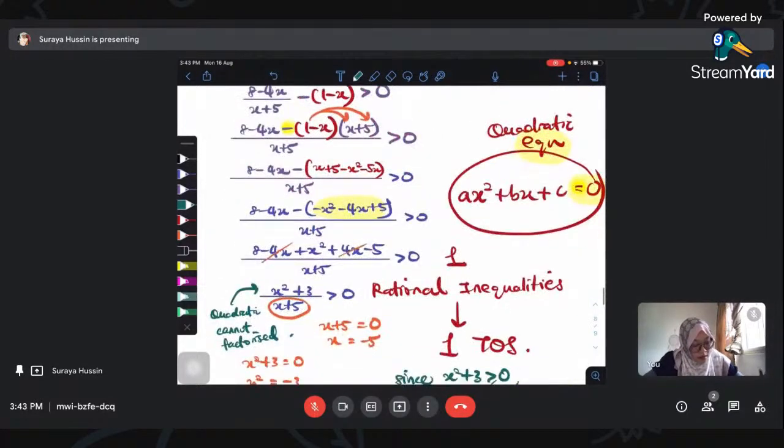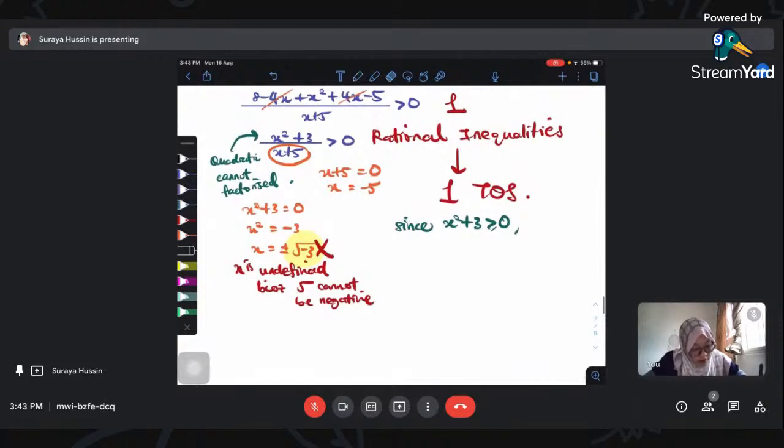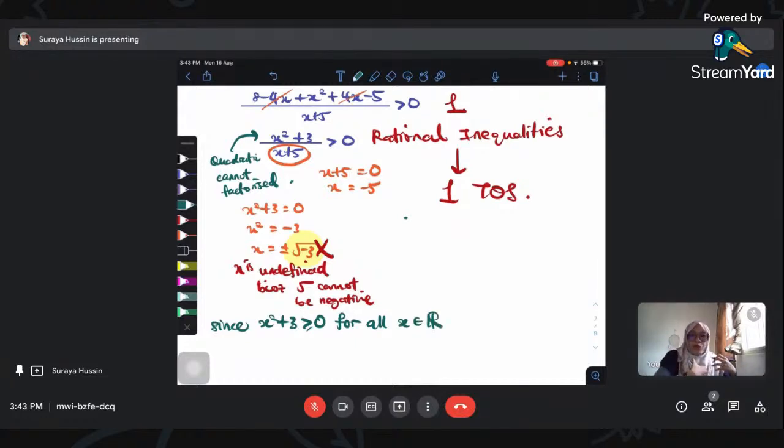For who? For all x. Put kat bawah lah. For all x yang real numbers. Nak katanya for all bentuk x lah, whatever x it is.